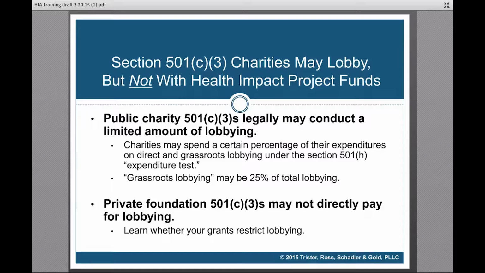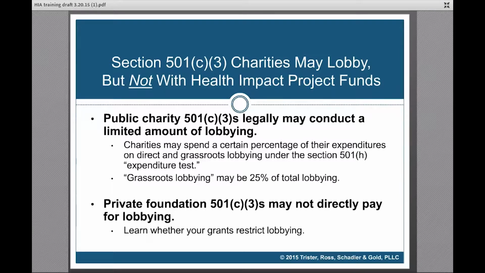Again, direct lobbying is only these types of direct communications with legislators or staff members. It also covers certain executive branch officials or staff members. It covers communications with executive branch officials only to the extent that you're talking to them about specific legislation that they are in the process of formulating.